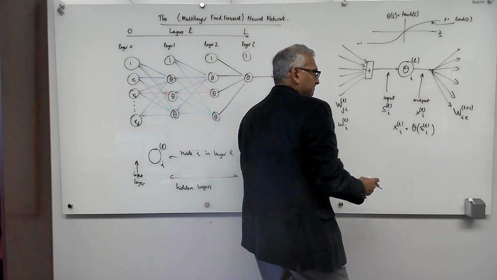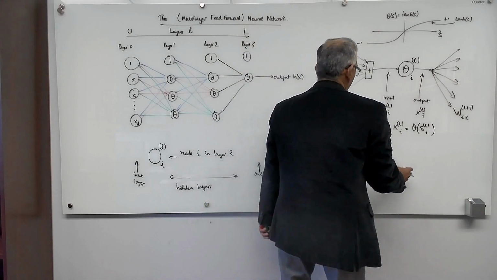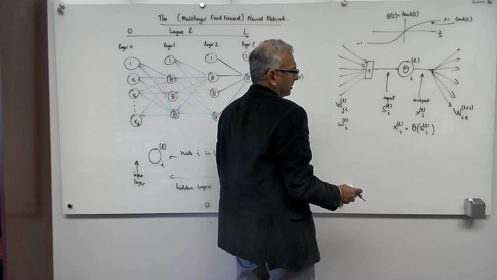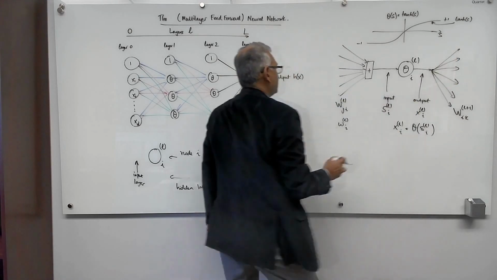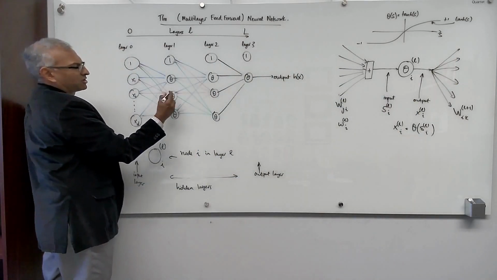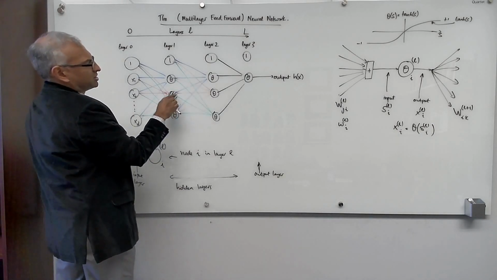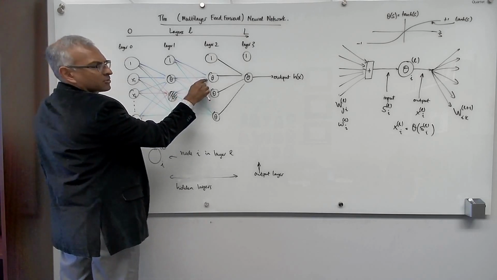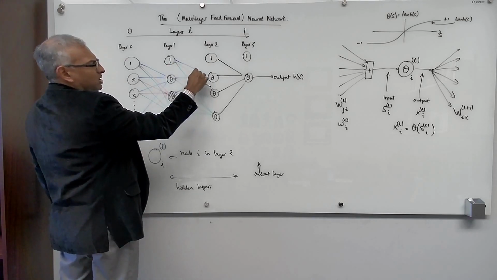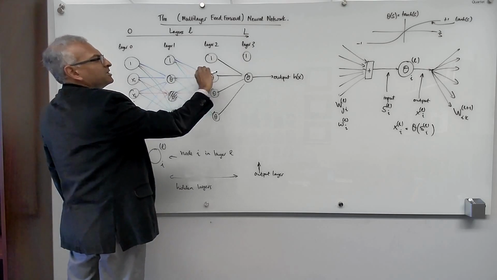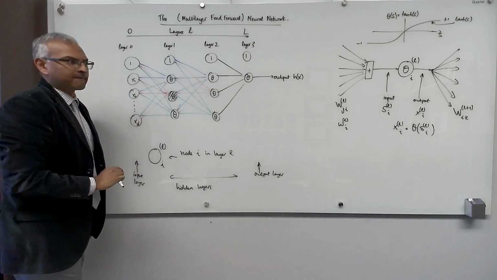Now, let's think about what's going on in this next layer if we're focusing on this node. Its weight comes in, there's another weight coming in, another weight coming in. All these blue weights form a perceptron into this layer.